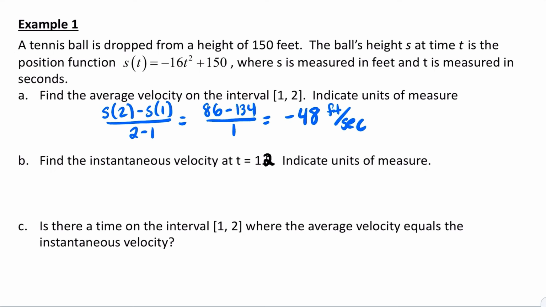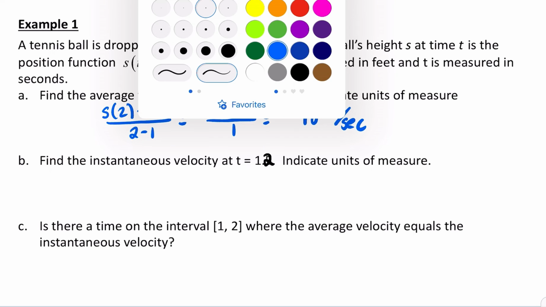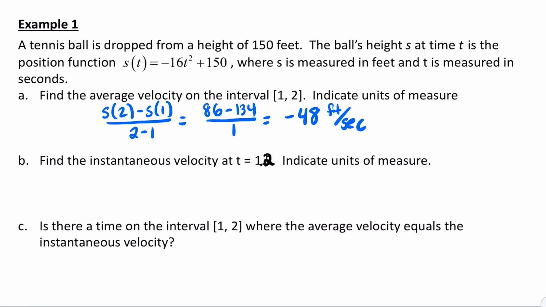So the instantaneous velocity, now that is derivative. And this is at 1.2. I edited the problem, so 1.2 seconds. So instantaneous, well, that's derivative. So I have the derivative function, which is negative 32t.